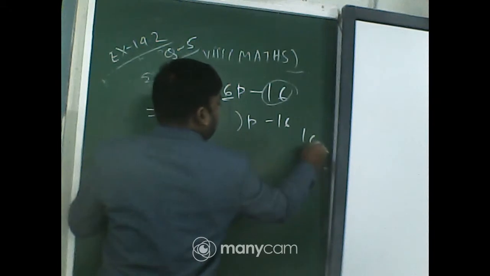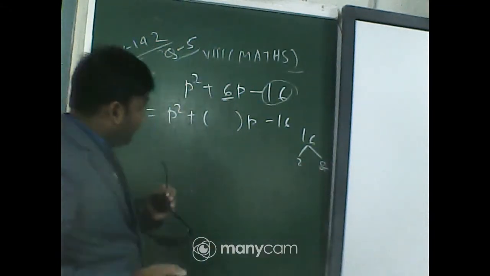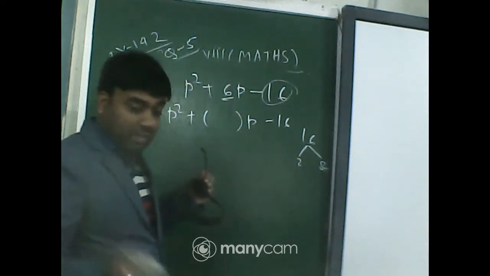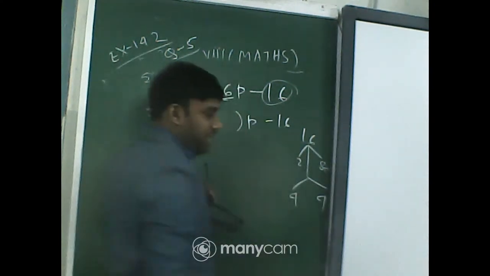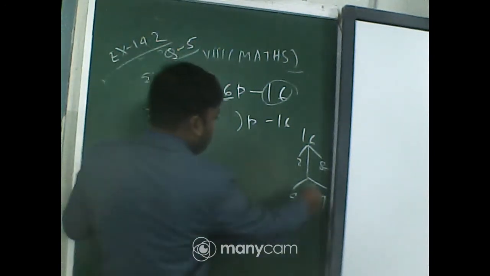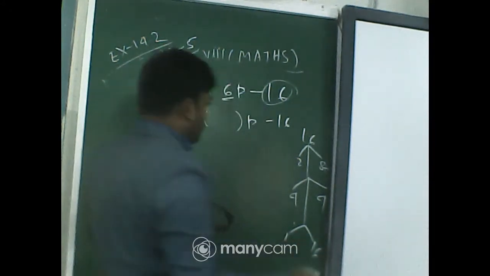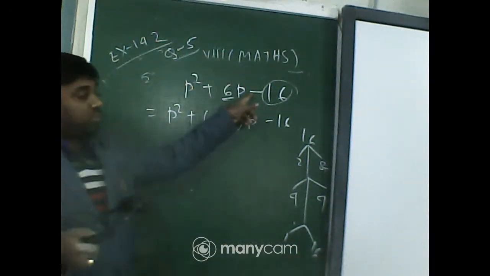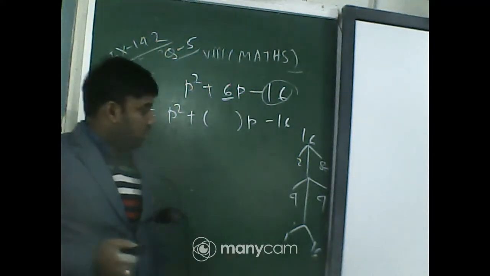The factors of 16: 2 into 8. Next, 4 into 4, four fours are 16. Another one is 1 into 16. Now here is a minus sign, so you have to use the minus operation.